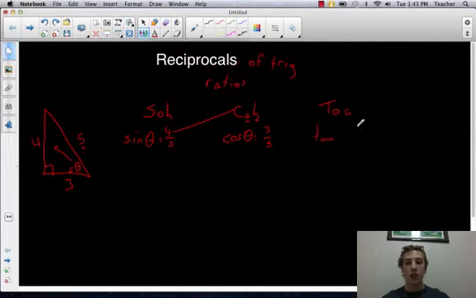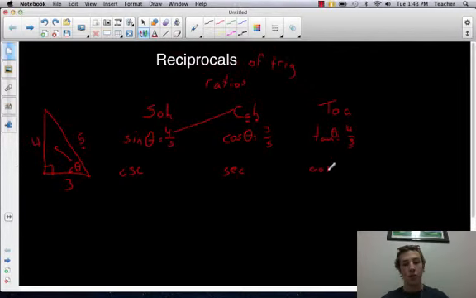Now, finally, as you guys well know, tangent is opposite over adjacent. So we have opposite 4/3. Tangent of theta equals 4/3. Opposite over adjacent.